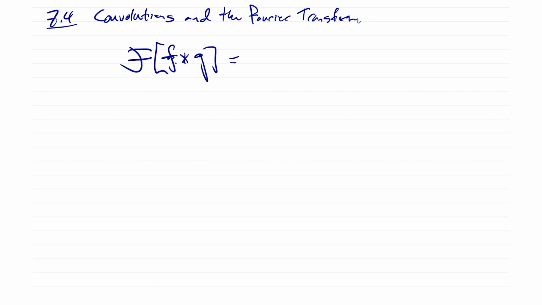If you take its Fourier transform, it's going to give you the Fourier transform of f times the Fourier transform of g. Now, I think we also are missing a constant out here, and you can check the other lecture to square that away. Oh, maybe I shouldn't be lazy.